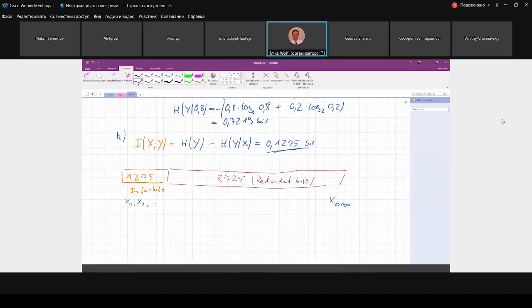So task number 5. As you can read, we consider a game with 2 fair dice. The sum is modeled as a random variable, which is the sum of 2 statistically independent random variables x1 and x2. These are the single dice. Of course, if you use 2 fair dice, they should be statistically independent.